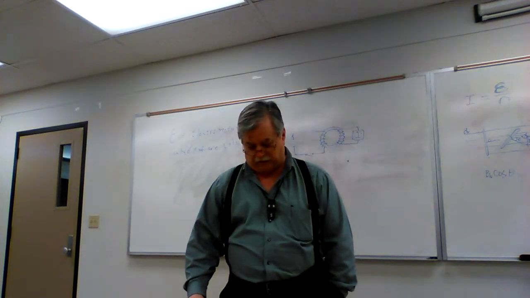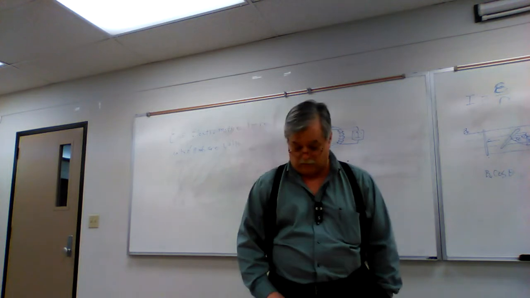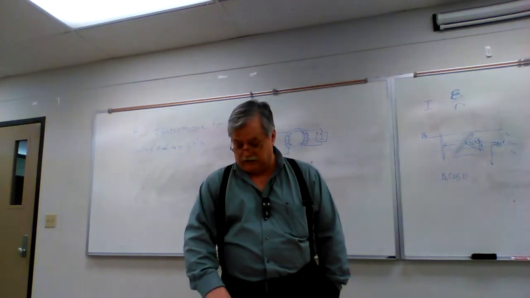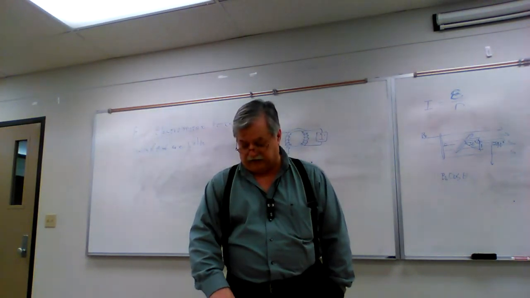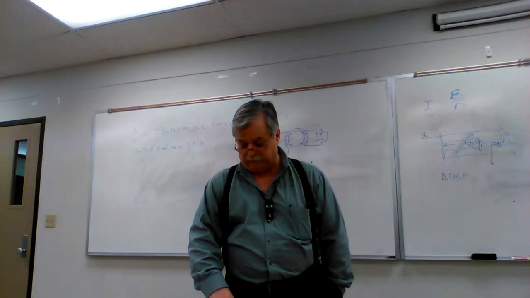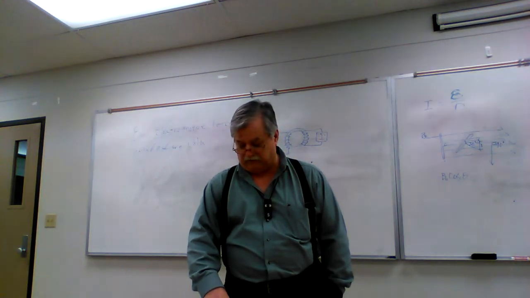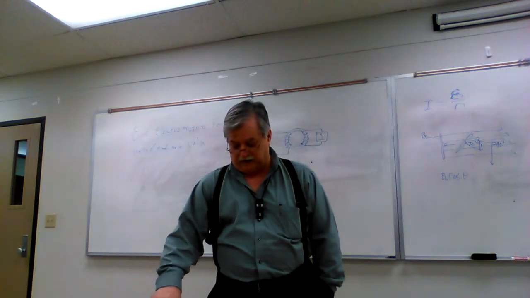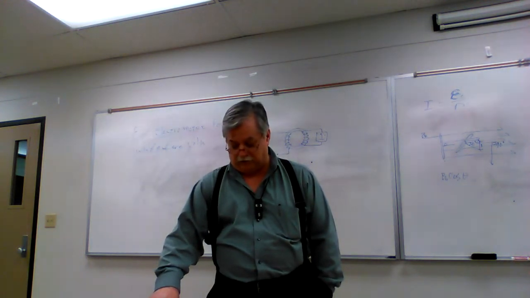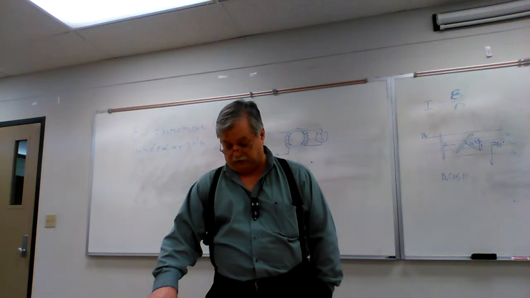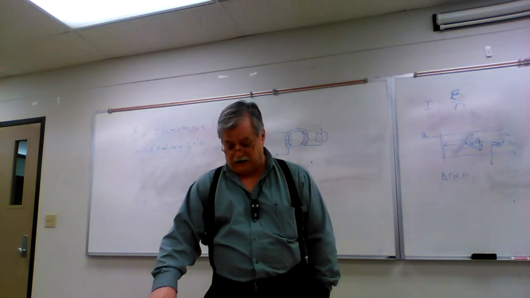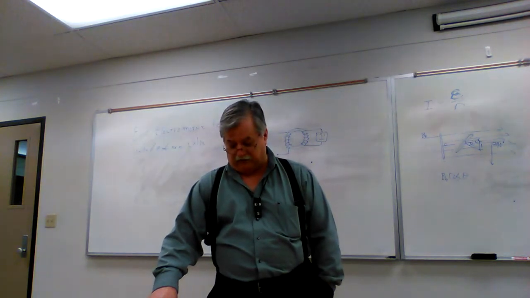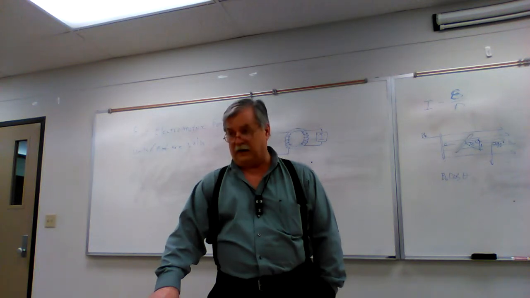Let's look at example 21.1 on page 592. A square loop of wire with a side of 5 centimeters in a uniform magnetic field of 0.16 Tesla. What is the magnetic flux in the loop, A, when it's perpendicular to the face of the loop, and B, when it is at an angle of 30 degrees to the magnetic field?